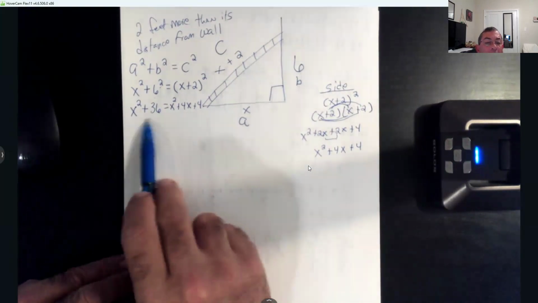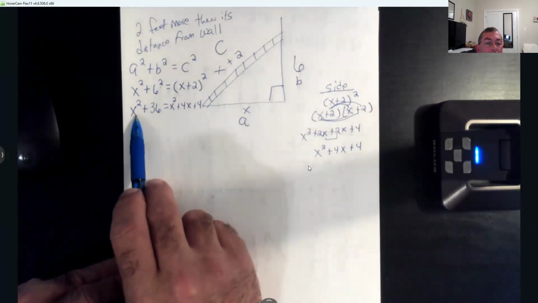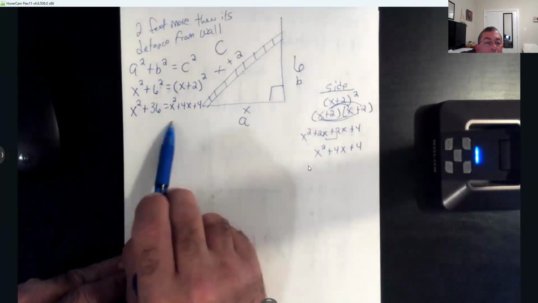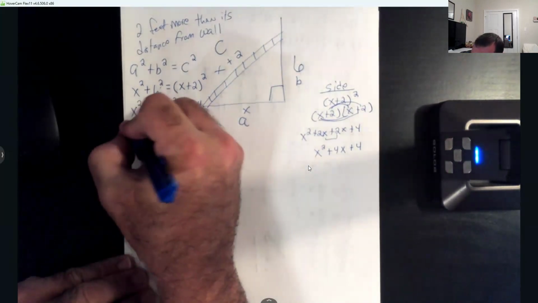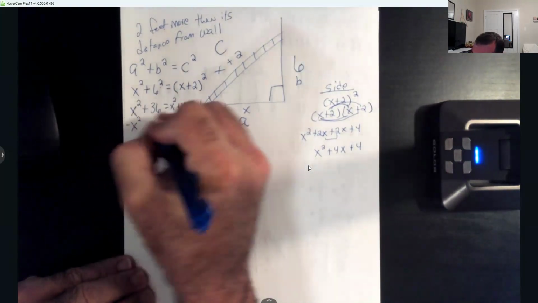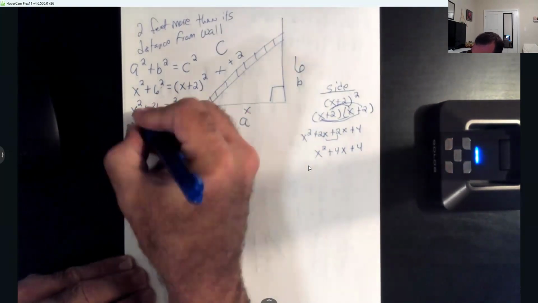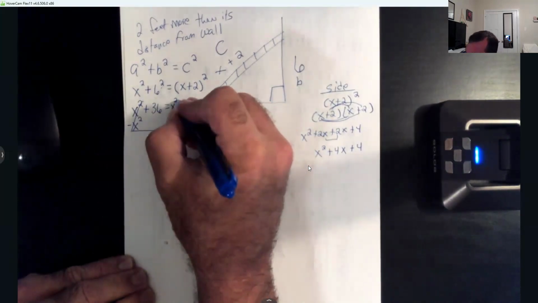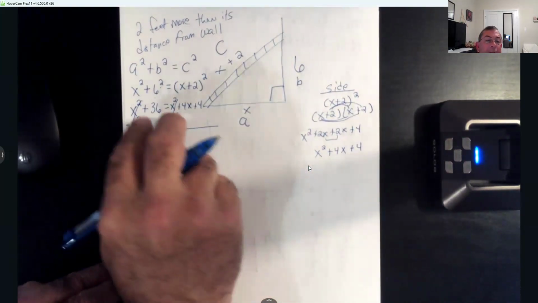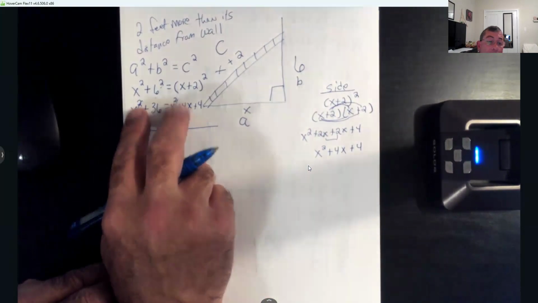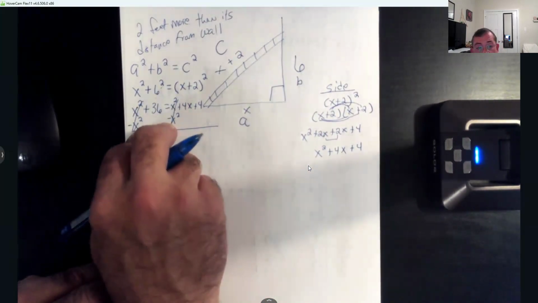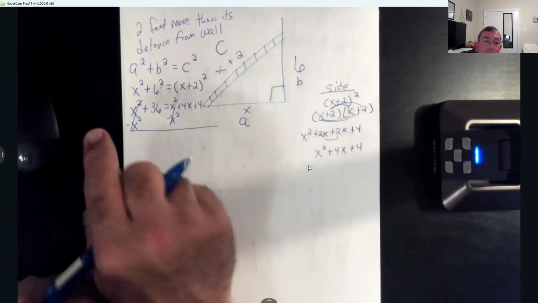So y'all, what happens on this one now? You need to get all the x squareds on one side. But when we move this x squared and subtract it from both sides, it cancels there and it cancels there. So when you're working this, your x squared stuff is basically going to cancel.